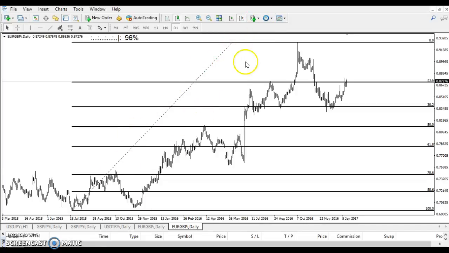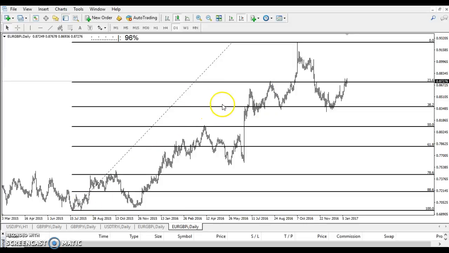Fibonacci is a leading indicator, not a lagging indicator like most others: stochastic, RSI, Bollinger Bands. It's a leading indicator, which gives you a distinct look as to where price might go in the future, not where it has been or is going right now.